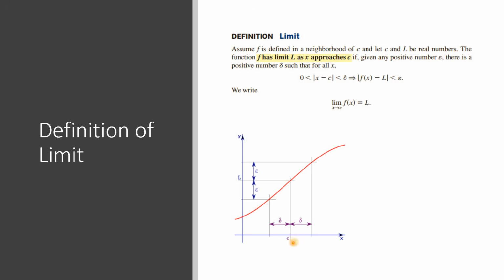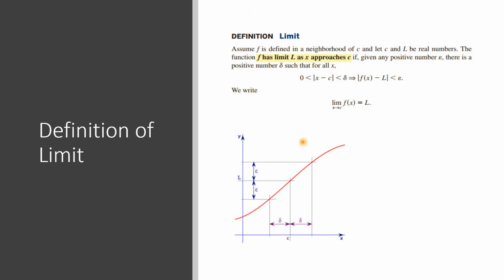So right here we have an x value of c and we have a y value of L. The function f has limit L as x approaches c if, given any positive number epsilon, there is a positive number delta such that for all x the following here is true. And I'm not going to read all that out.